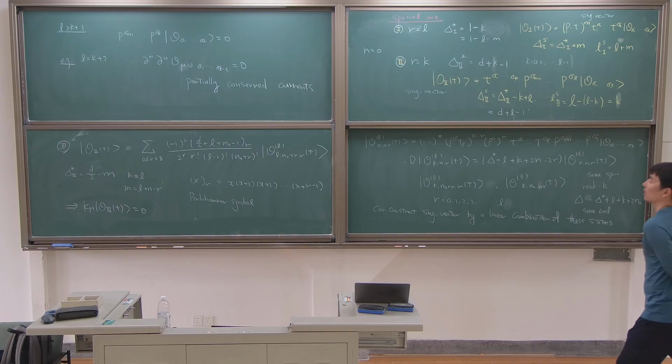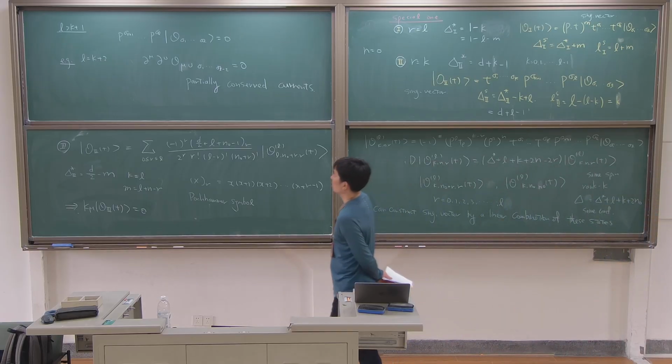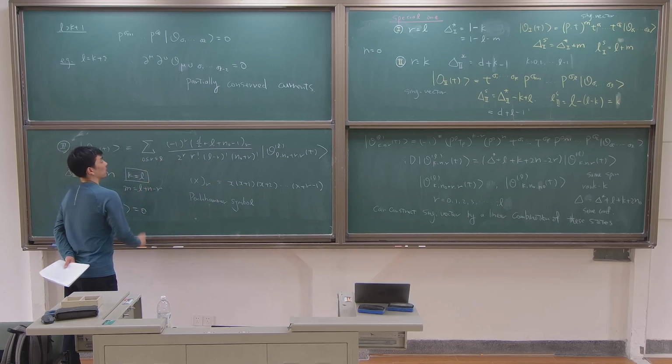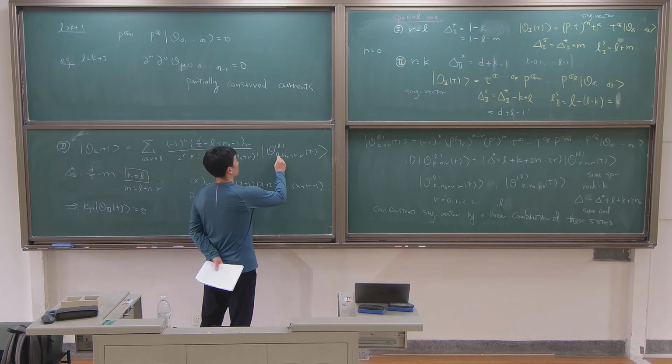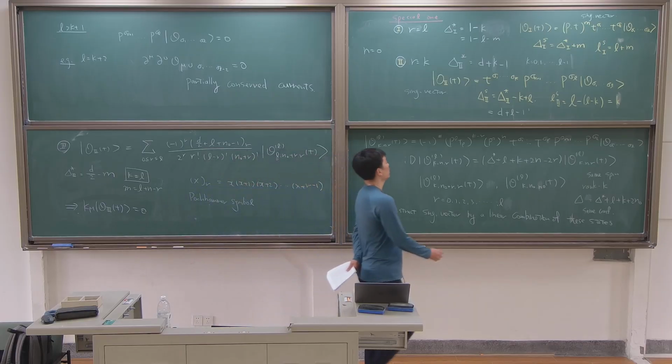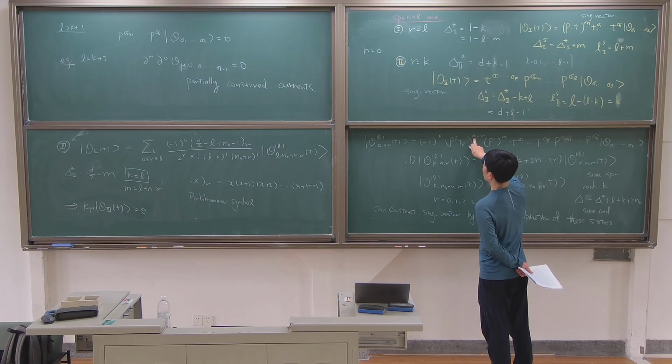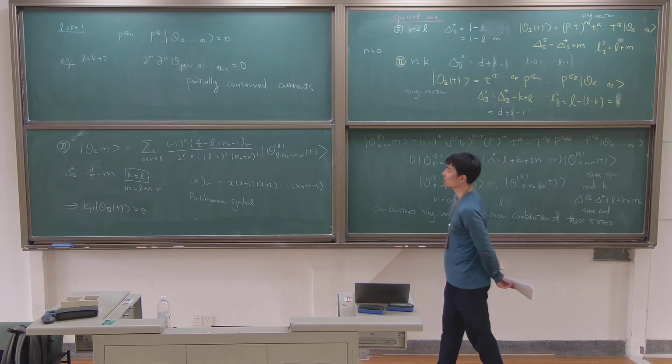So K is equal to L. Okay, K is equal to L. So this has to be L, which means this part has to be L. That's what it means.